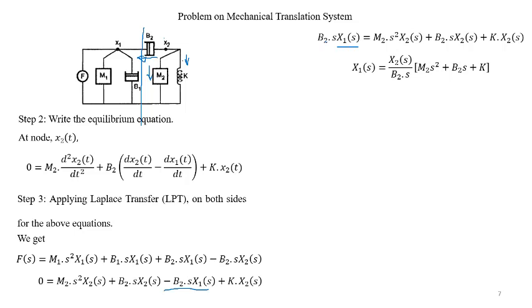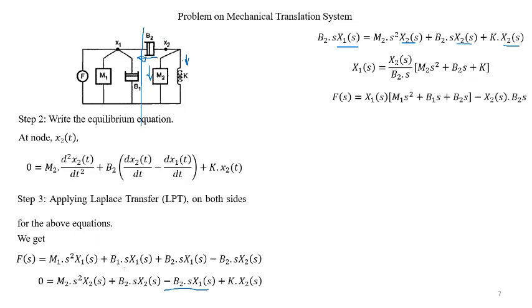Taking x2 of s common, we get x1 of s equal to x2 of s by b2 s bracket m2 s square plus b2 s plus k.